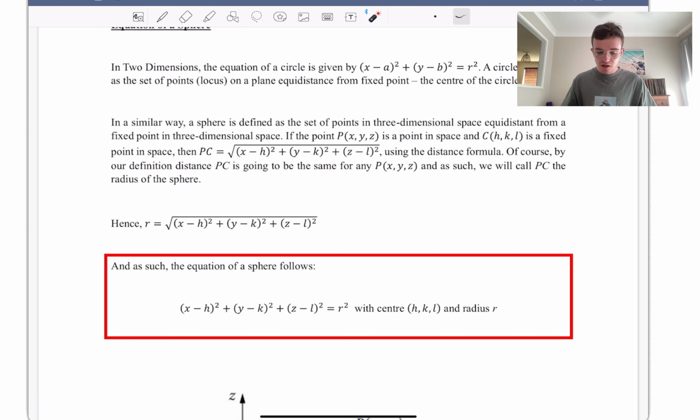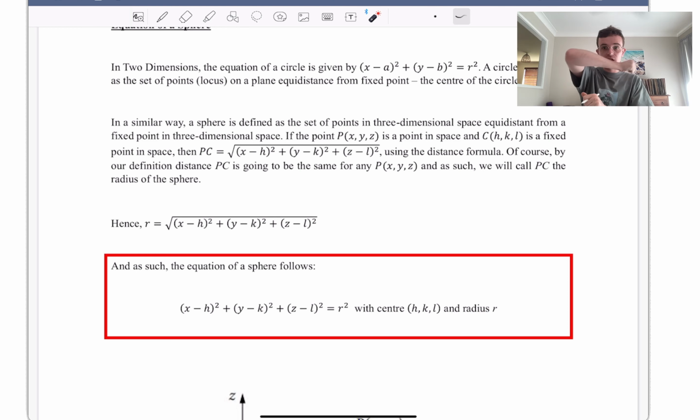Now if our point P is x, y, z, a point in space, and point C, h, k, l, is a fixed point in space, then the distance between the centre and P is going to be x minus h squared plus y minus k squared plus z minus l squared, all square rooted, using the distance formula. Now, our definition of the distance of PC is going to be the same because we're defining PC to be a fixed distance from the centre.